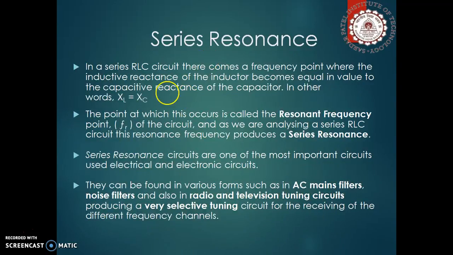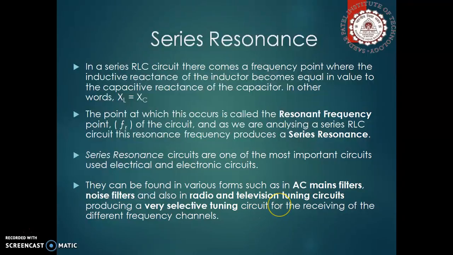Now, in a series RLC circuit, there comes a frequency point where the inductive reactance of the inductor, that is XL, becomes equal in value to the capacitive reactance of the capacitor, that is XC. The point at which this occurs is called the resonant frequency, which can be denoted by FR or FO. And as we are analyzing a series RLC circuit, this resonance frequency produces a series resonance.